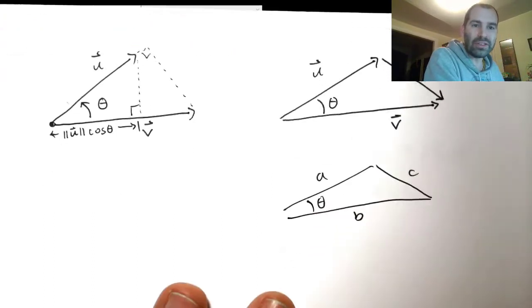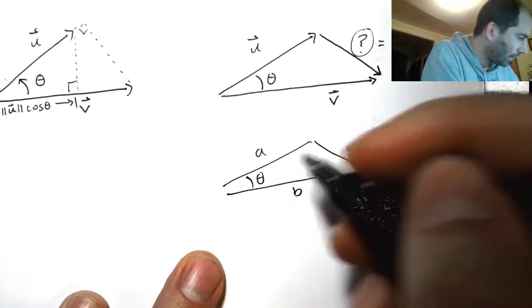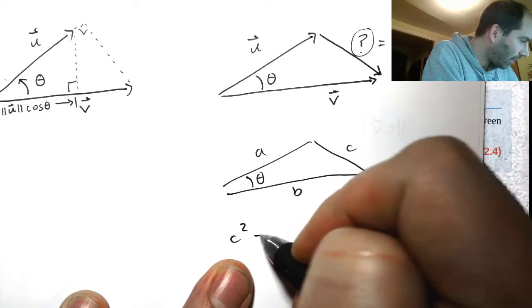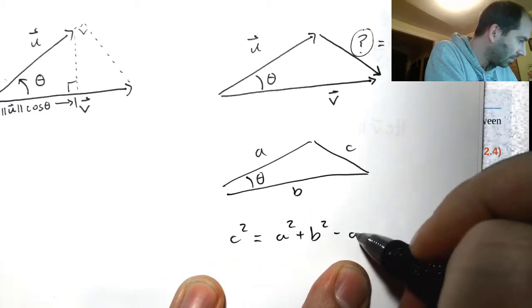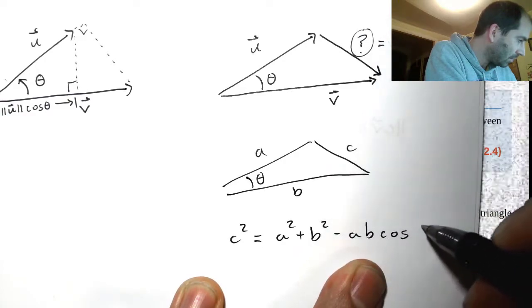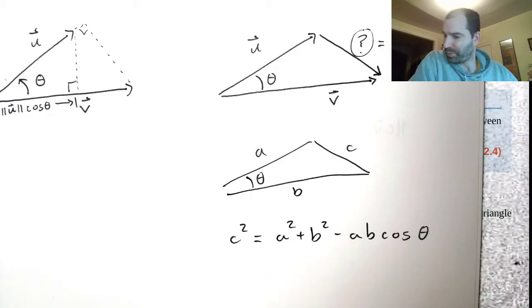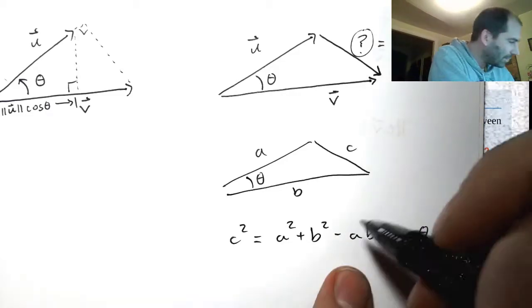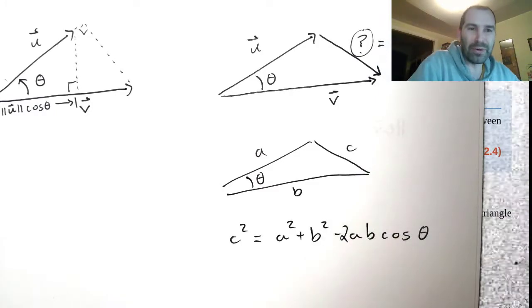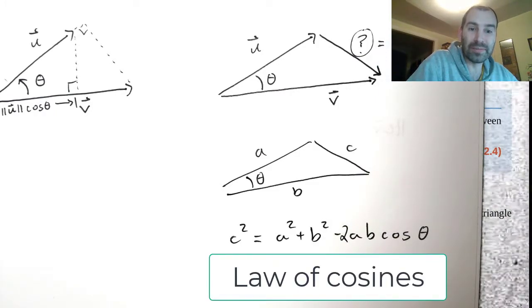The law of cosines says that C squared is equal to the following thing. Oops, almost forgot the number 2 there. Okay, this is the law of cosines.